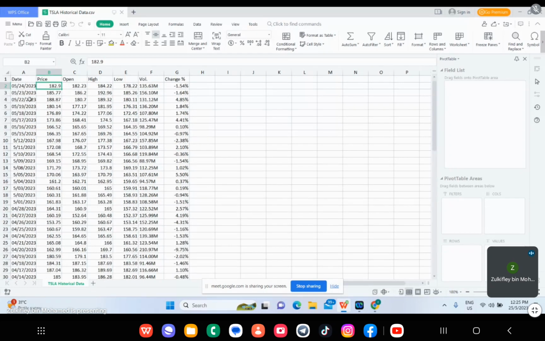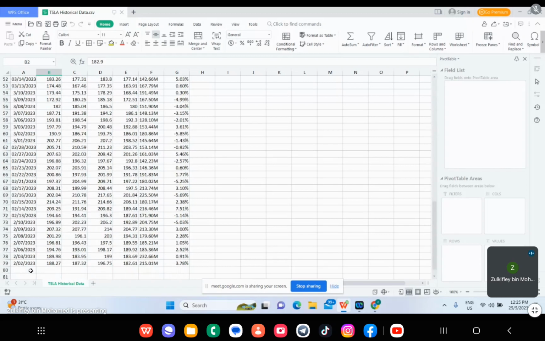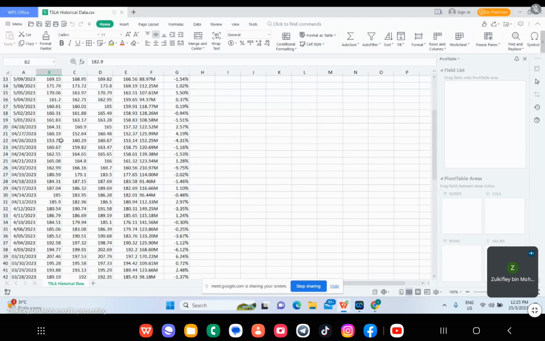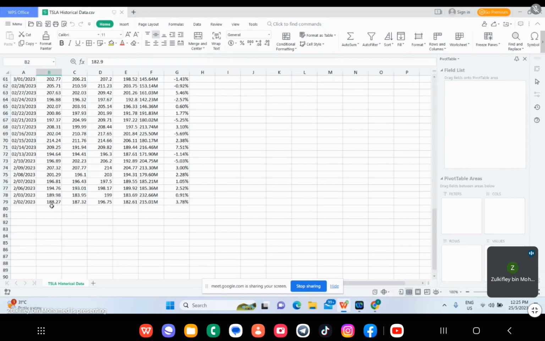Daripada diberi sini, 2 hari bulan 2 sampai 24 bulan 5. Maknanya data ni daripada bawah ke atas. Kita balikkanlah.